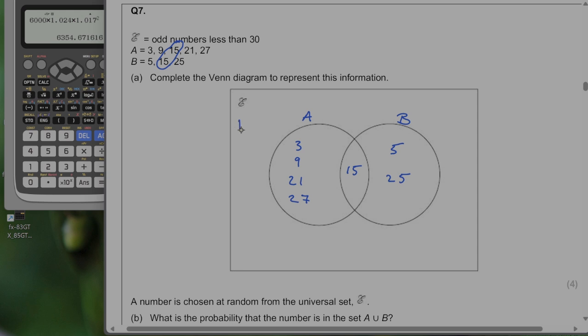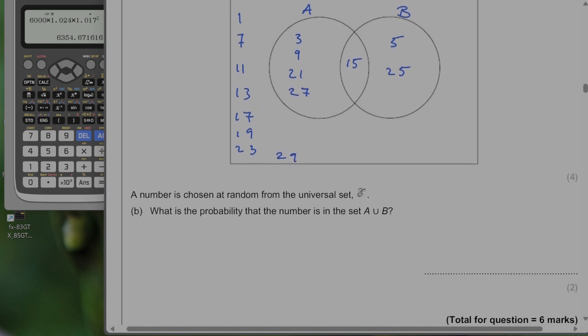So my first one is 1, 3, 5, 7, 9, 11, 13, 15, 17, 19, 21, 23, 25, 27. So that should be them all. I've missed out 29 clearly, so we'll put 29 there.